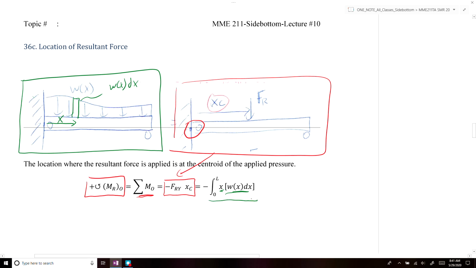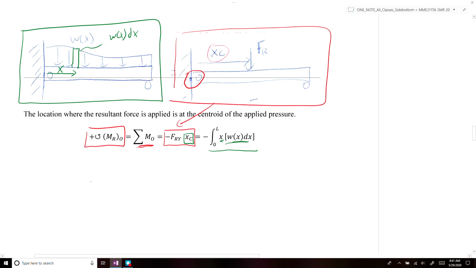What we're interested in is just solving for x of c. If we rearrange this equation and solve for x of c, we end up getting x sub c is equal to the integral from 0 to L of x W of x dx, over FRY.